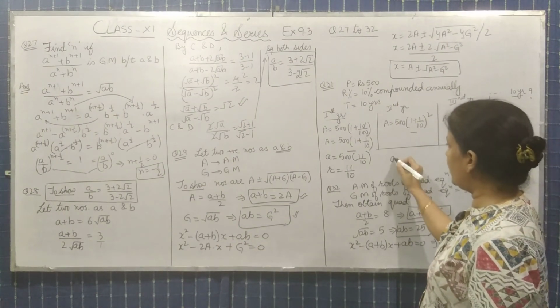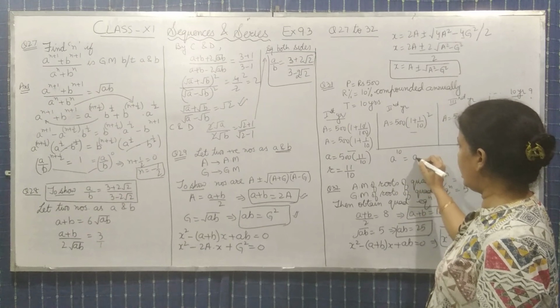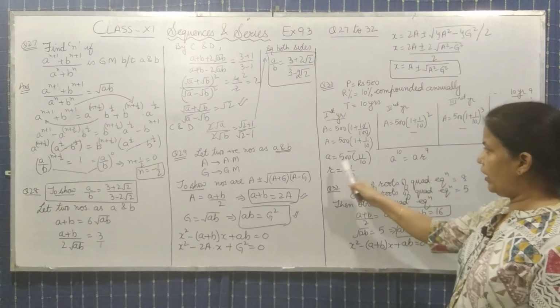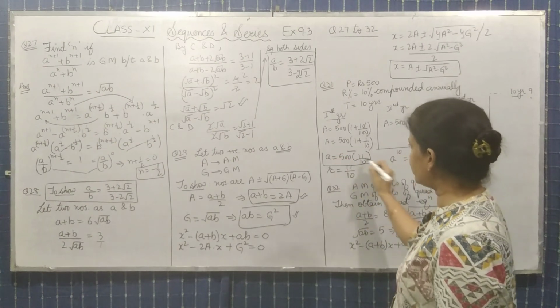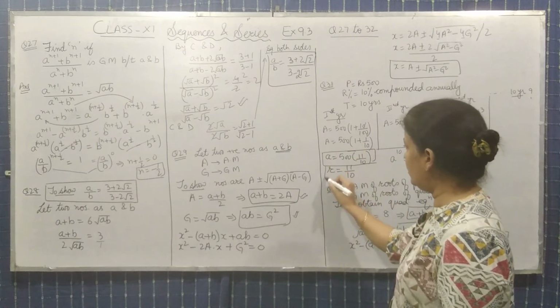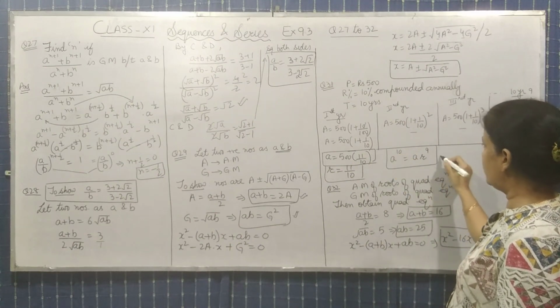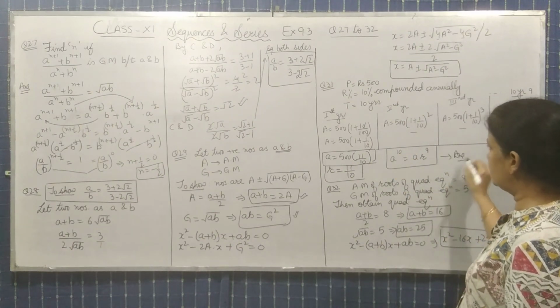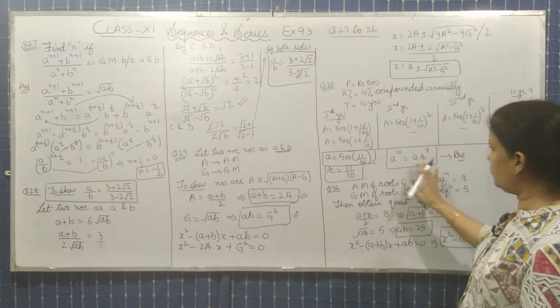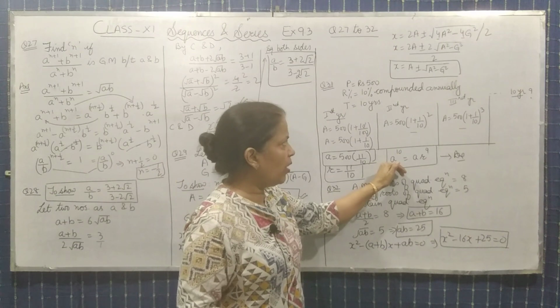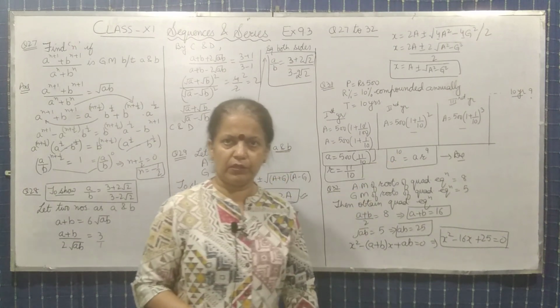What is the formula? A10 is a r power 9. Okay, so a is there, r is there. Substitute in this formula to get the answer. Is it clear? In this formula, you will substitute the values to get the amount after 10 years.